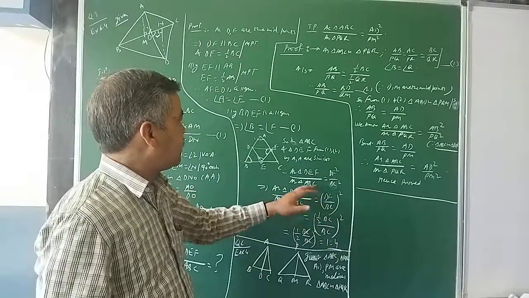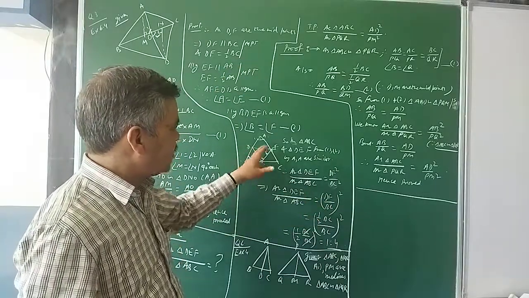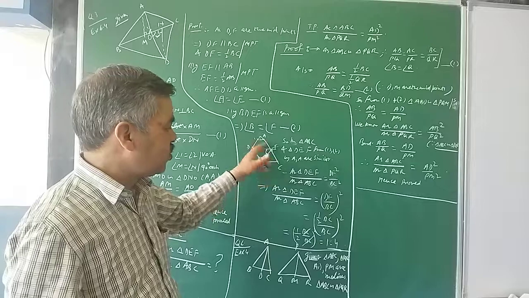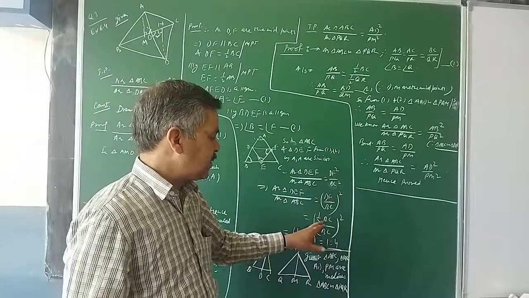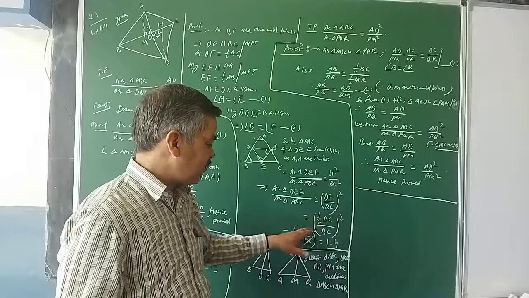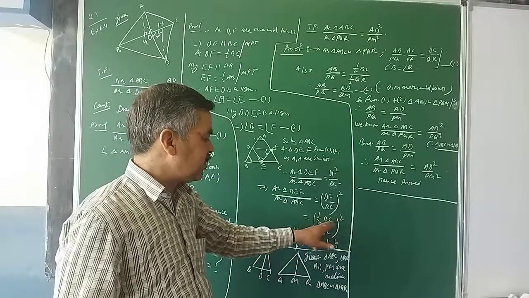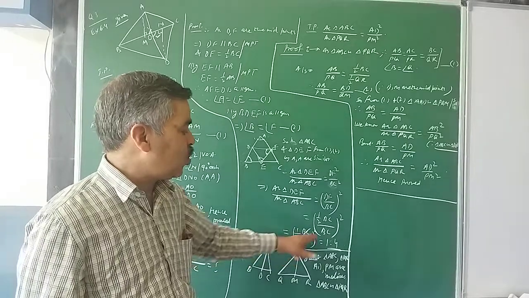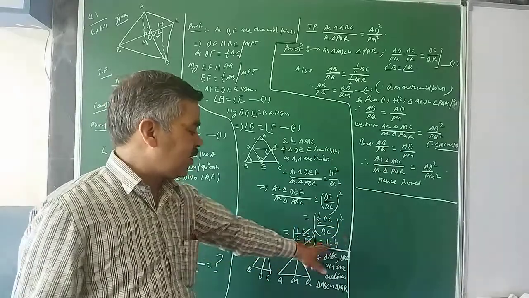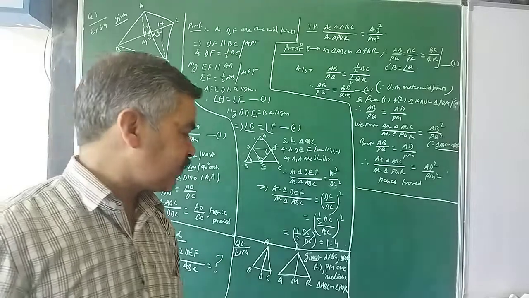So either you write DF is equal to half of BC, or I have replaced DF by half of BC. So half means 2 will go to the denominator, BC I can cancel with BC and I will be left with (1 by 2) whole square only. So that gives you 1:4.